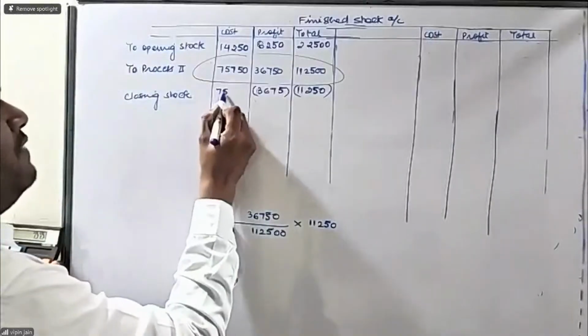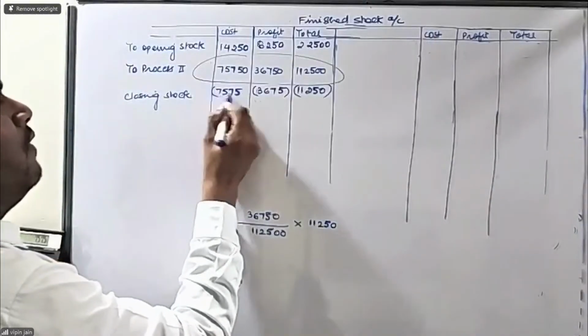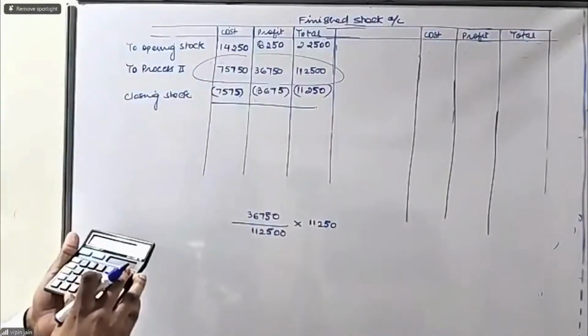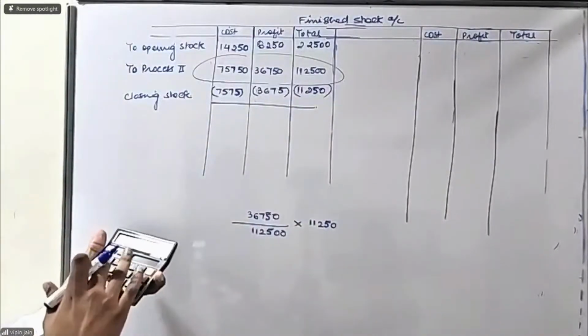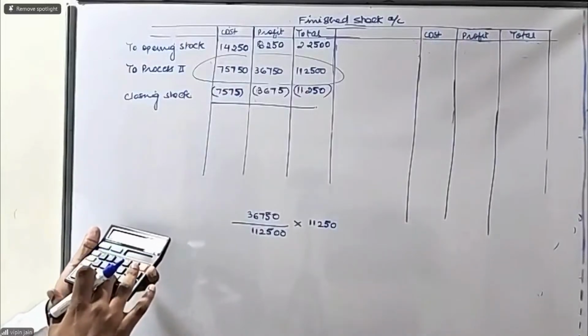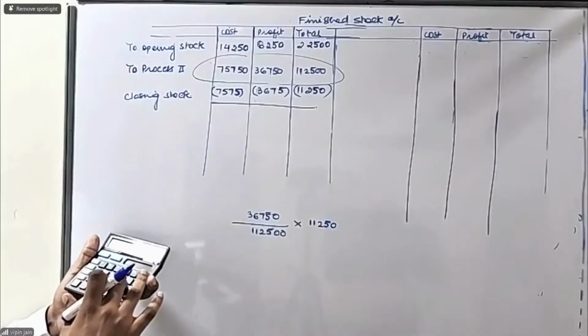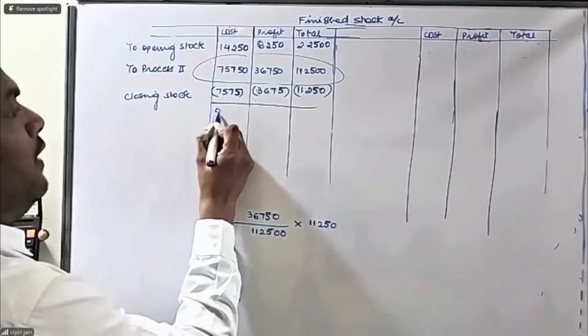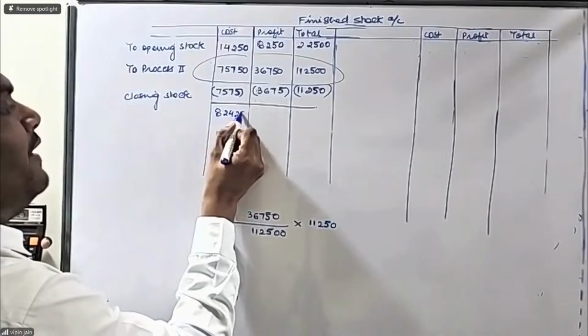So this will be 7,575. So final cost will be 82,425.